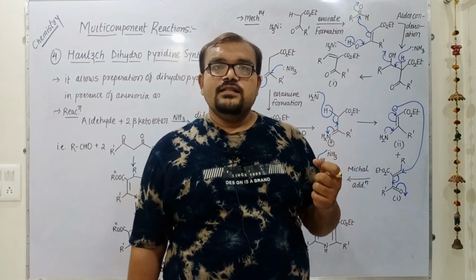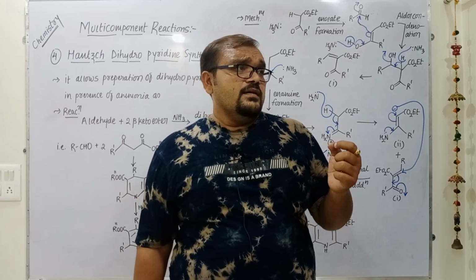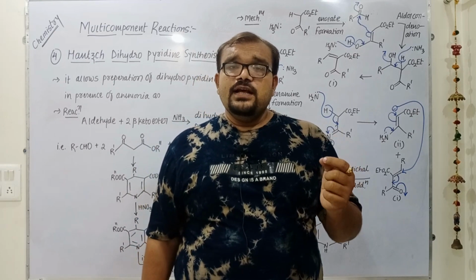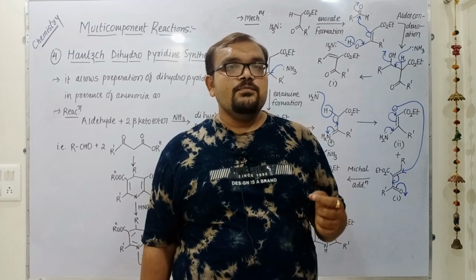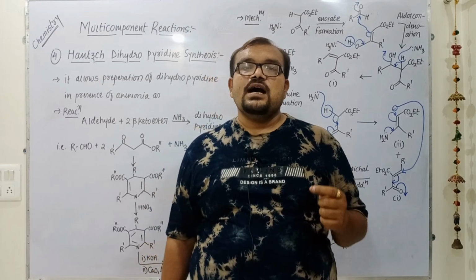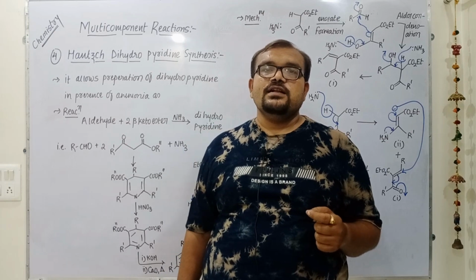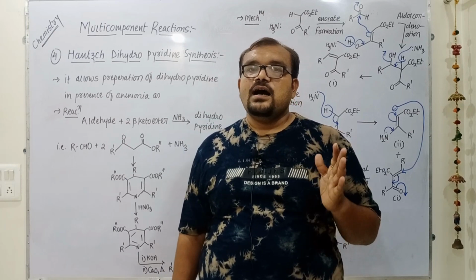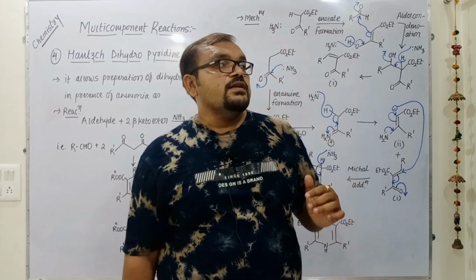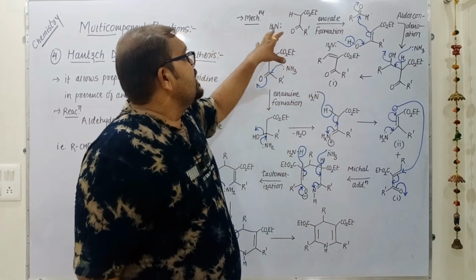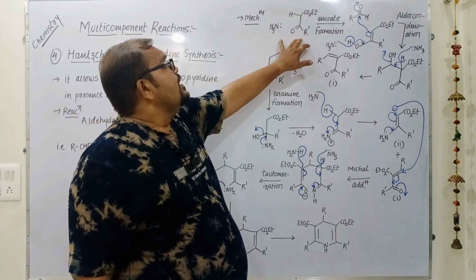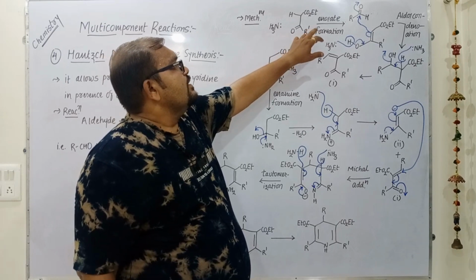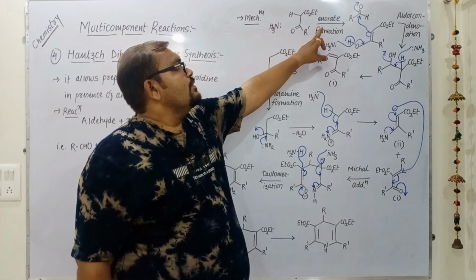As we learned earlier, when an enolate or enol reacts with a carbonyl compound to give an alpha beta unsaturated carbonyl compound, it is known as aldol condensation.